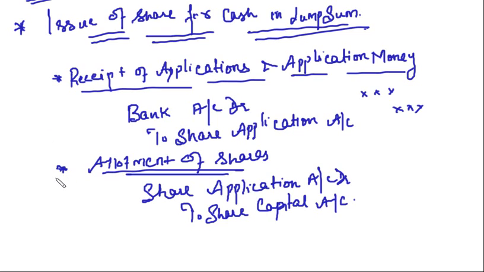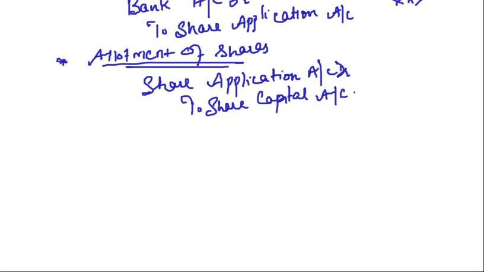I will say share application account debit to share capital account. In case of lump sum, the whole money will be received on application only. Make a note of this.